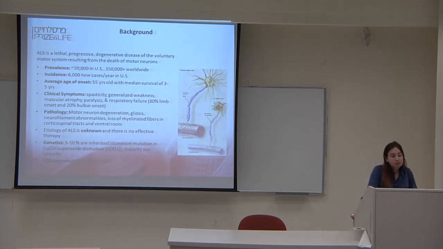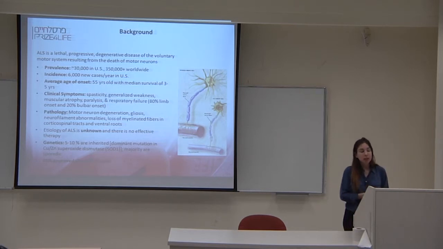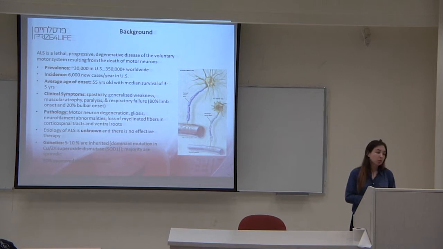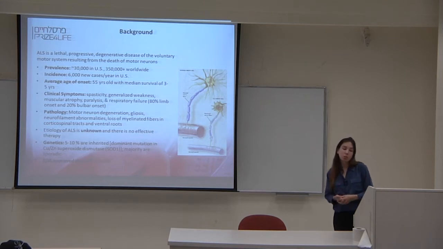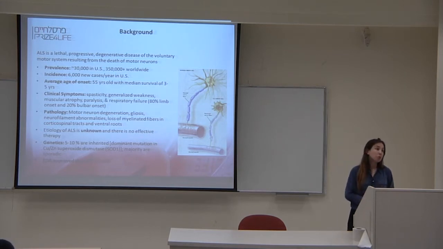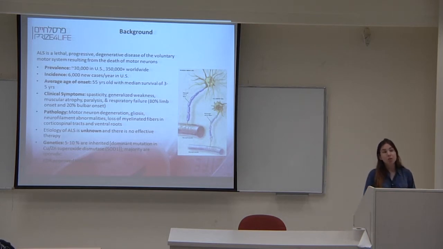So, more facts about ALS. As I said, ALS is 100% lethal, and it's lethal very fast. Usually it kills within 3 to 5 years from symptom onset. And that creates a situation in which there are very few patients alive at any given moment. In the United States, there are about 30,000 ALS patients.